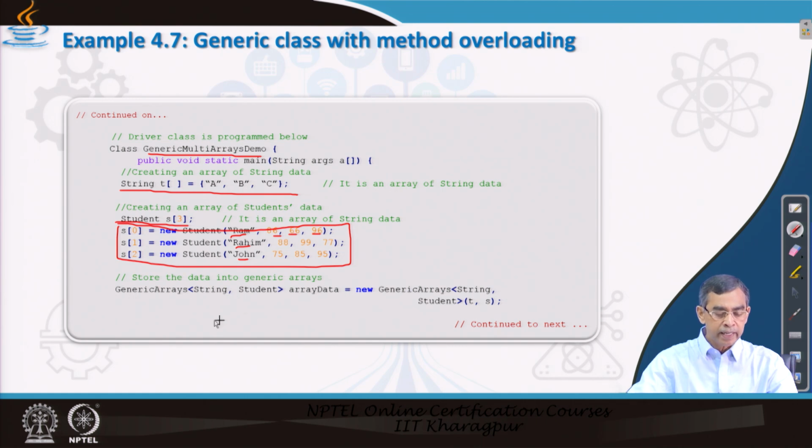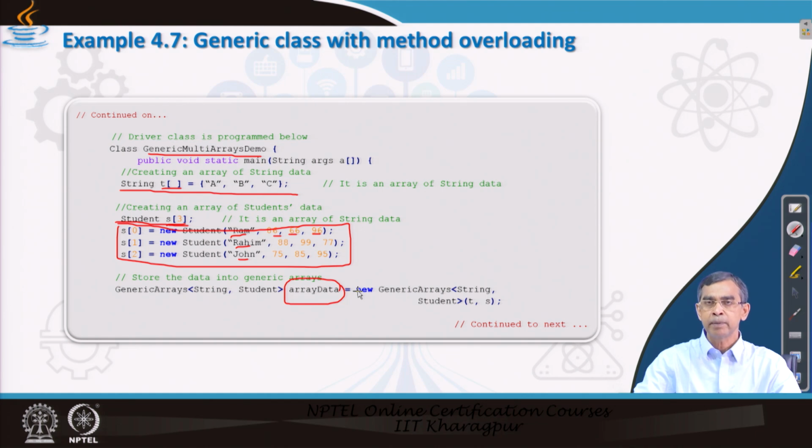Now, we create an object to store 2 values T and S, string and student, for example, passing this T and S which we have created here to this one. So, here array data basically includes 2 arrays, this one T and S, and then stores them.